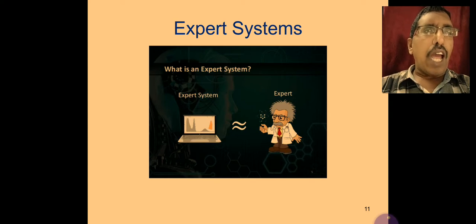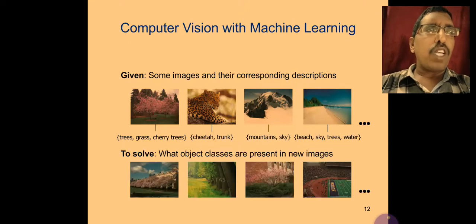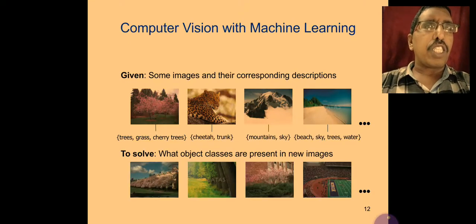Another characteristic that is very much desired of an artificially intelligent machine is pattern recognition. For example, if you see these pictures, we humans can easily distinguish between a beach, sky, cheetah, trunk, trees, and flowers. We can easily distinguish them. But can a computer do that?